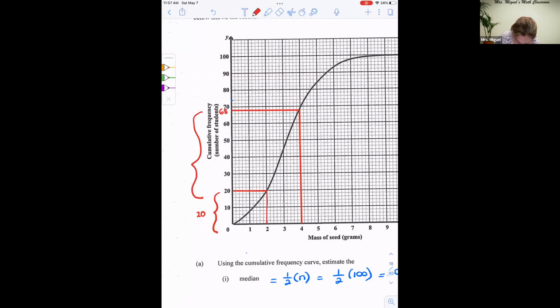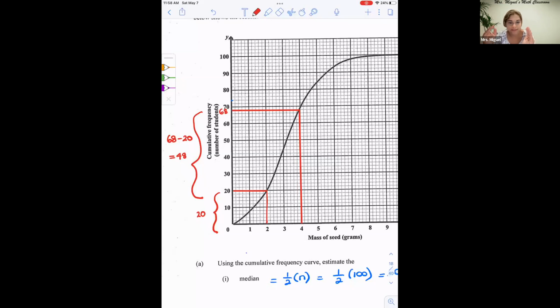So what is the difference? How many students in this category? 48. 48. Is there anybody who doesn't understand how I am getting the frequency values? So if they give us the frequency to find the CF, we add, it is the total coming down.